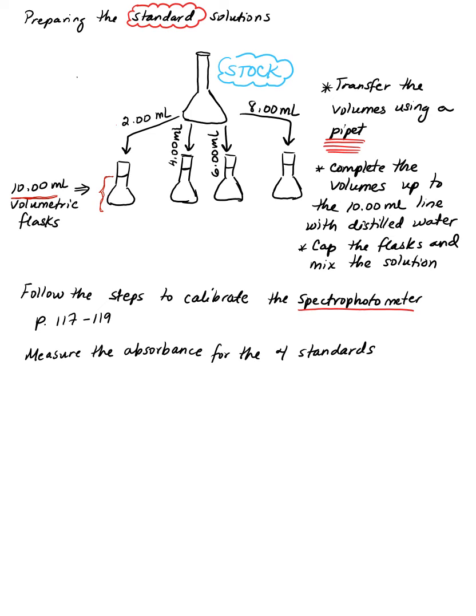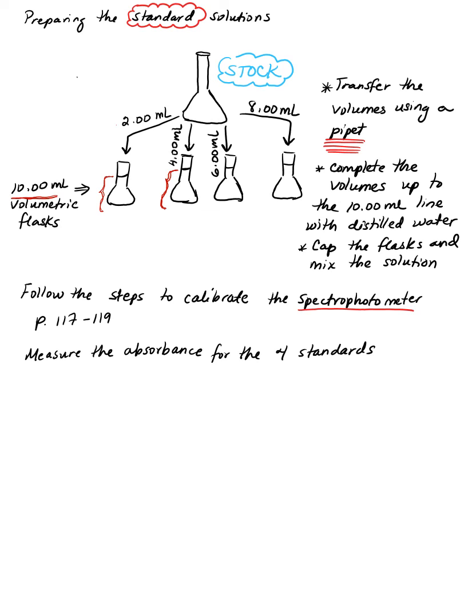Now you're diluting 2 milliliters to 10 milliliters, and you're going to have a new concentration. The second one, you're doing the same, and you're doing the same for all of them, right? You're diluting from your initial volume of 4 to 10 milliliters, which is the total volume of your volumetric flask. And do the same for the third one and the fourth one. So we have 4 dilutions.